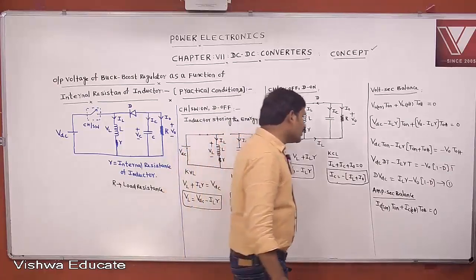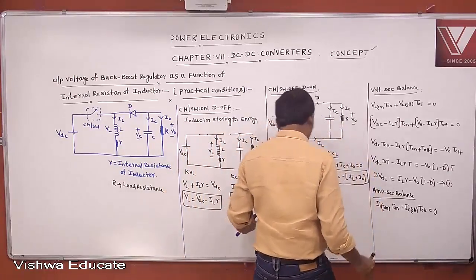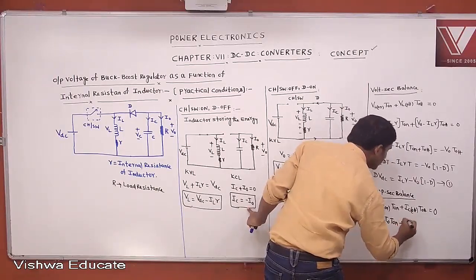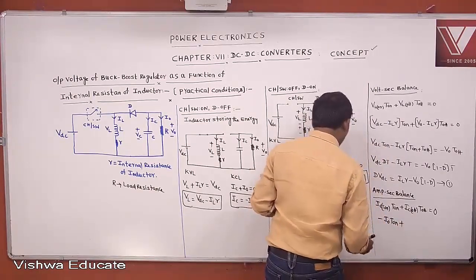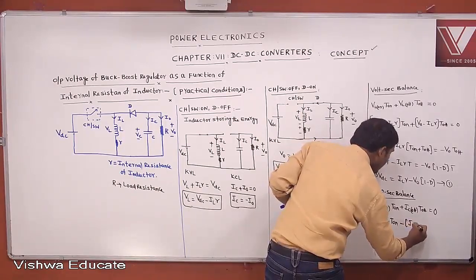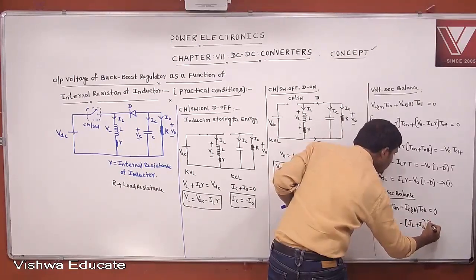Then from this, what is IC on? Minus I naught into T on plus, what is IC off? Minus of IL plus I naught into T off is equal to 0.